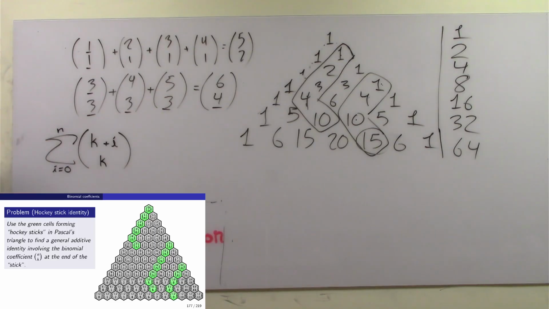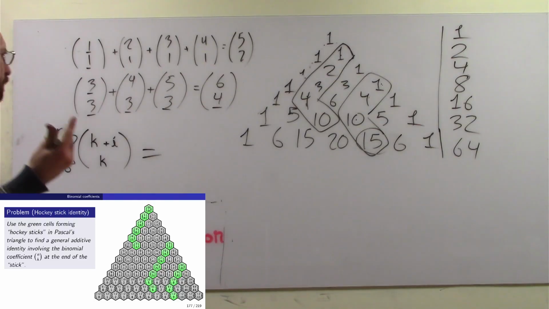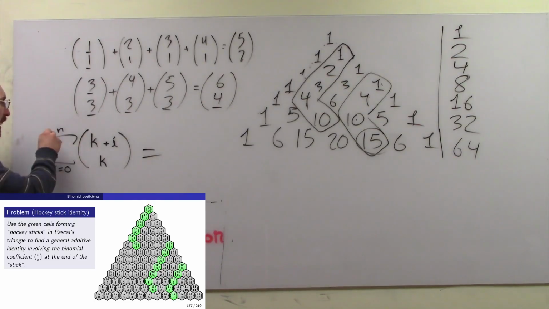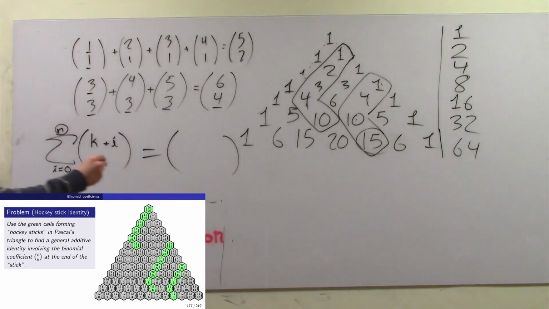And now what should we expect on the right side if I chose n to be my end point here? N plus 1. Not quite. N plus 2. Keep going.